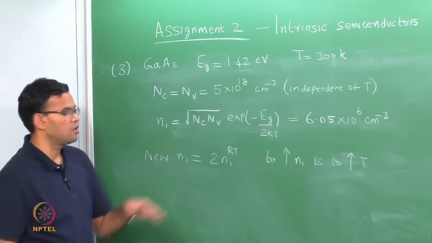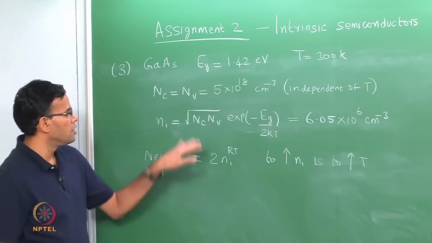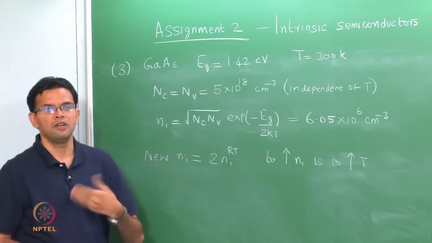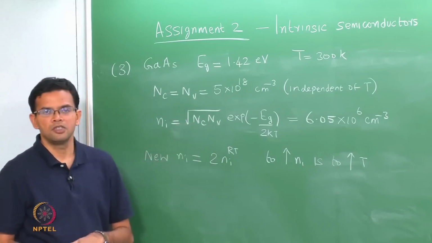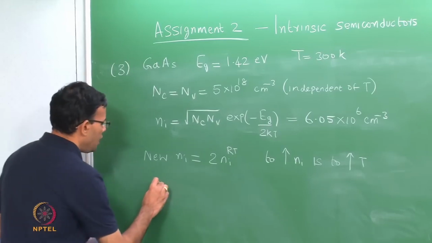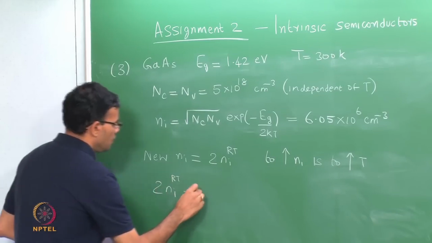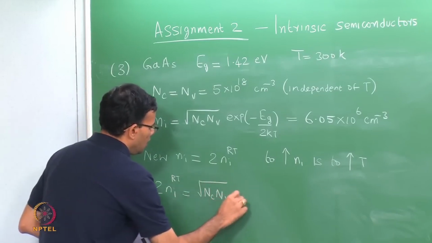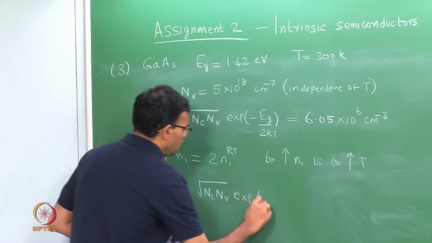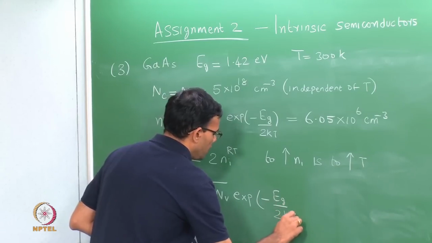Nc and Nv are constant, so they are not a function of temperature. If they were a function of temperature, that would also have to be taken into account, but Nc and Nv are constant. We know the new value of Ni. So, it is 2 Ni at room temperature, equal to square root of Nc Nv, exponential minus Eg over 2 k T prime.